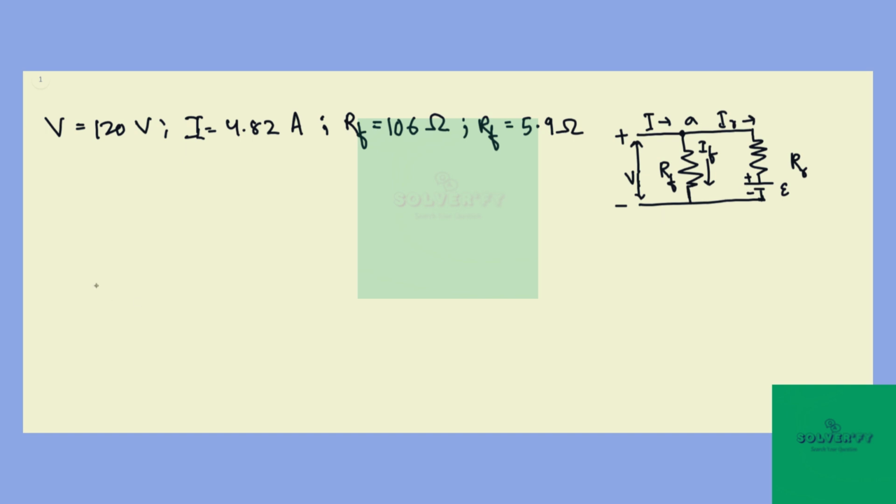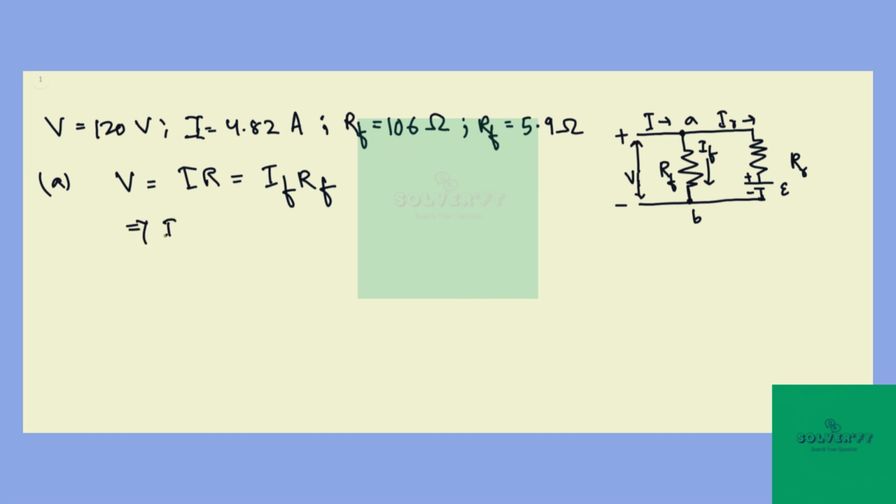For part A, the field coils and the rotor are in parallel to the applied potential difference. So the potential difference from this point, let's call it A, to this point, B, across AB is going to be I times R, and that is equal to IF times RF.